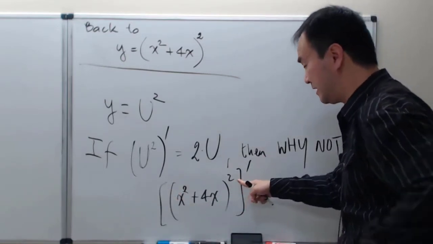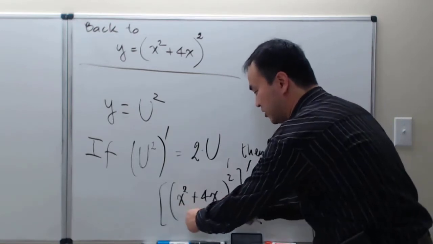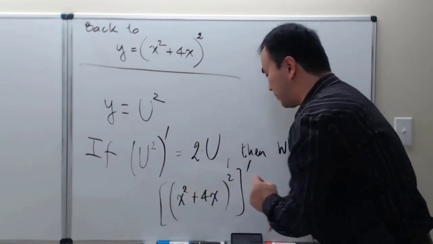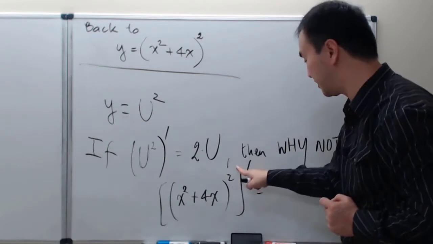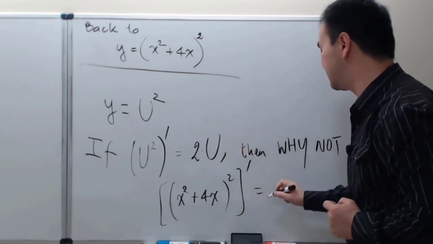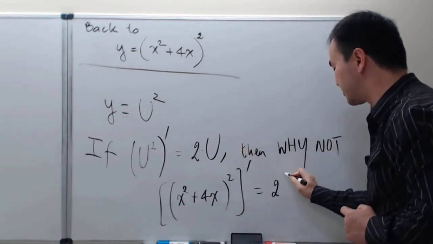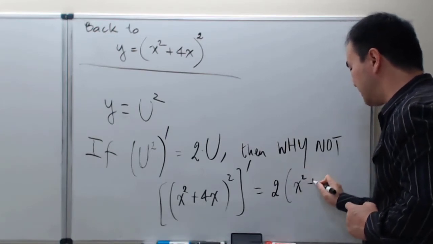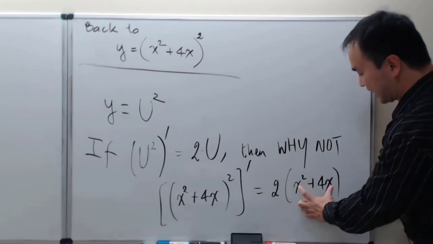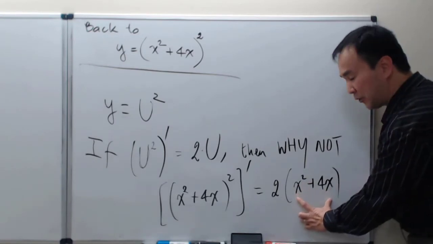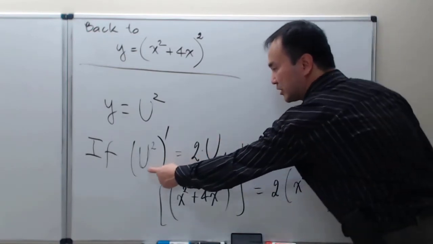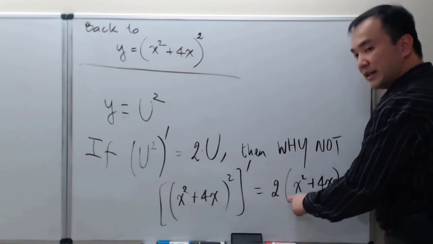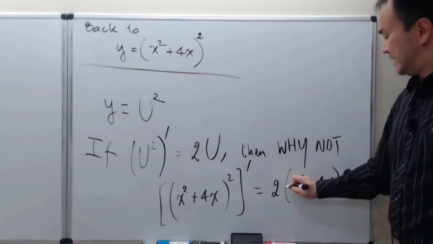Instead of u, now we have x squared plus 4x, but basically we have a power right here. Take the prime here, then why not just 2 times x squared plus 4x? We treat all that x squared plus 4x as one variable u, and then we apply simply the power rule on that.